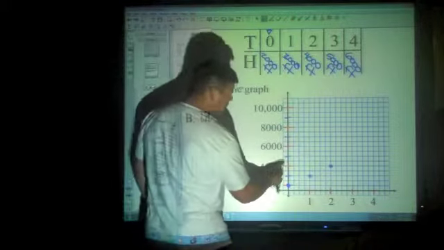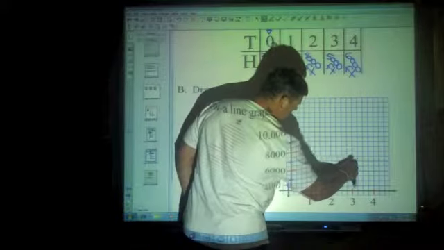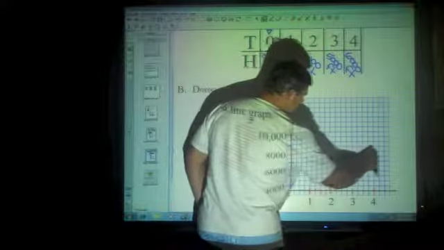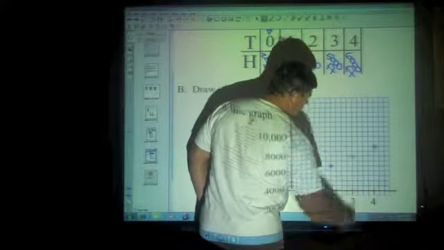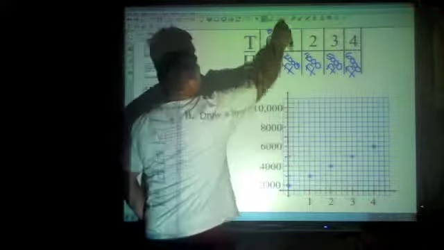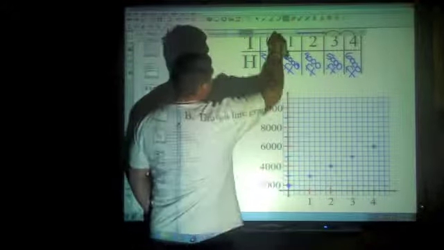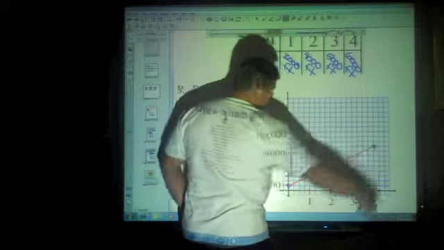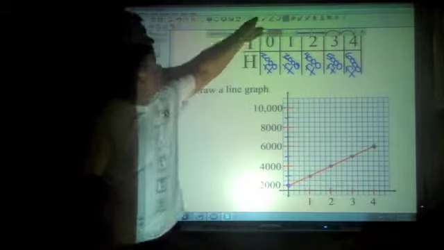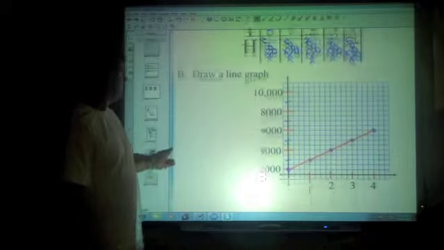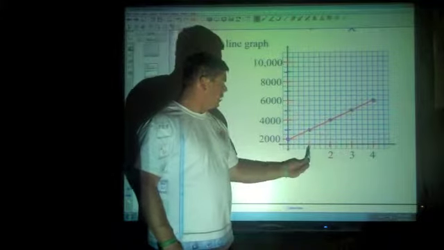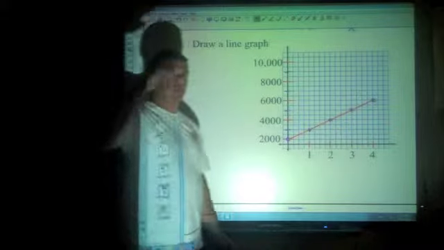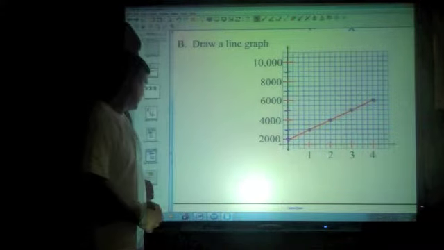And at 3 minutes it'll be at 5,000. And at 4 minutes it will be at 6,000. And if we connect it, that would represent the function. So for any one of these moments, of 1 minute later, 3,000, 2 minutes, 4,000, 3 minutes, 5,000, 4 minutes later, the plane is now cruising at 6,000 feet.